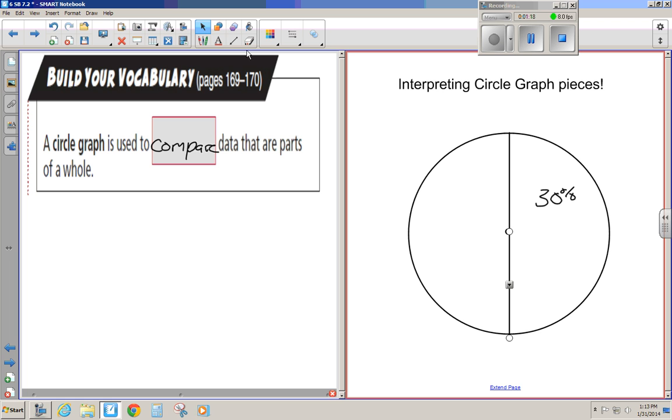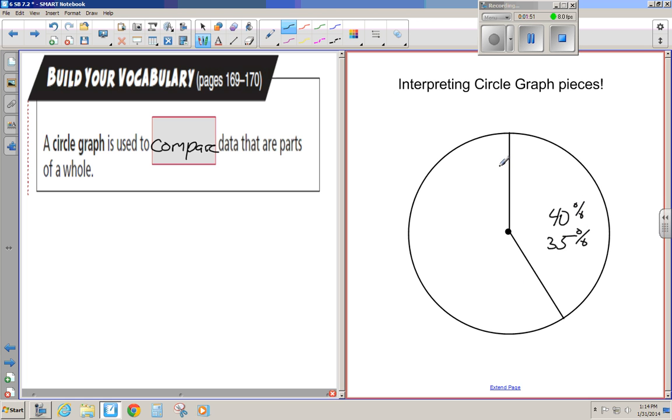All the way straight up and down, you're looking at 50%. As this piece shifts up, even to right there, you're trying to decide whether or not this has become maybe 40%, maybe 35%.